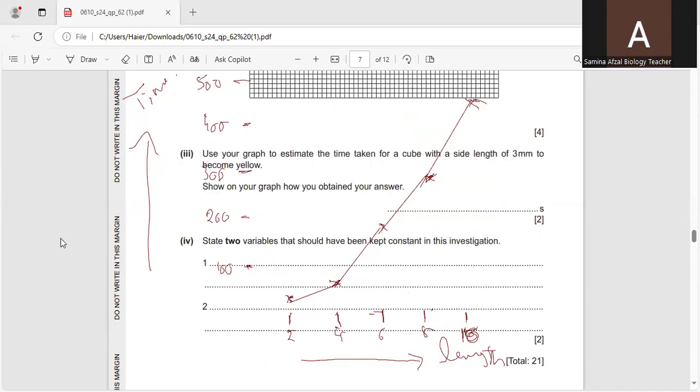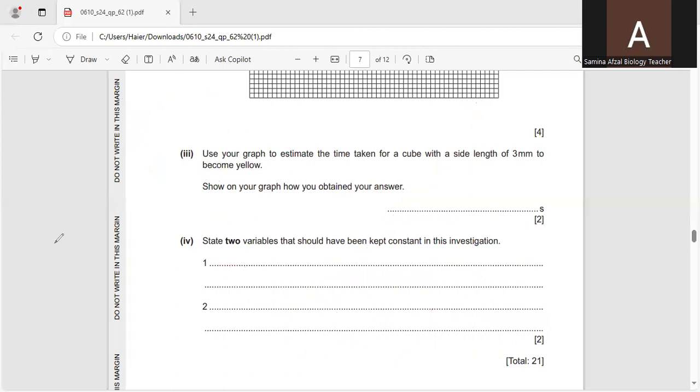And we are moving towards the next question. The next question is, use your graph to estimate the time taken for a cube with a side length of 3 millimeter to become yellow. So on the graph, 3 lies between 2 and 4. So from 2, we have to take the value in this way.